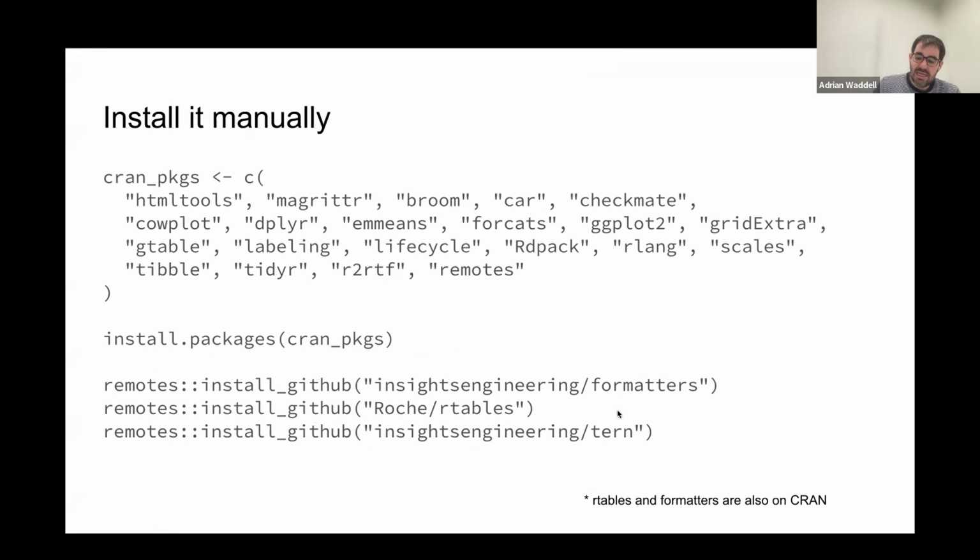But we have a slightly modified version for this workshop, a slightly later version that will ultimately become the next CRAN version. This is a little bit of a preview for certain functionality that's not on CRAN already, but will be soon. Everything you see today will be available in the next version on CRAN, and the vast majority of it is in the version that's already on CRAN now.